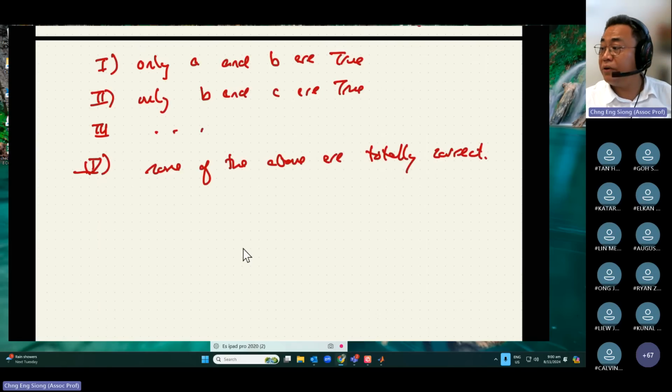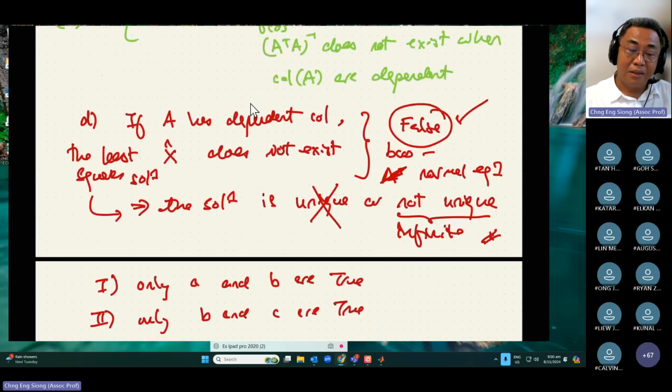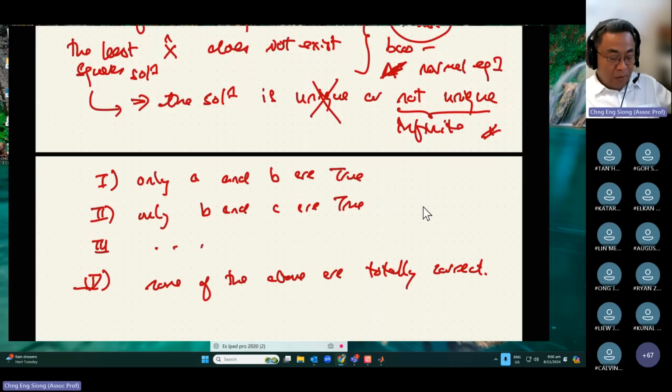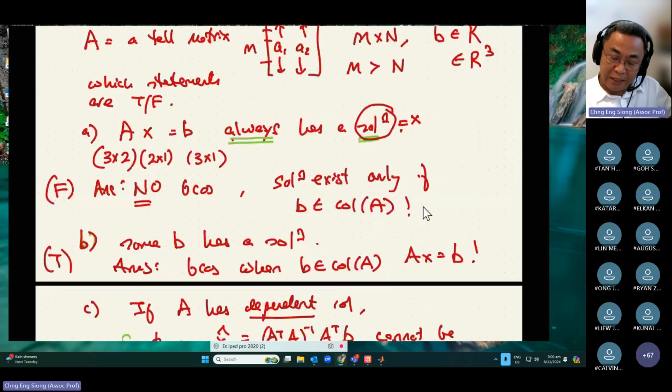Can you see now? It's very difficult because you have to get everything right, and if you only get partially right, then again you fall into a trap, right? We're testing whether you understand a lot of things. So I repeat how the questions would be like.